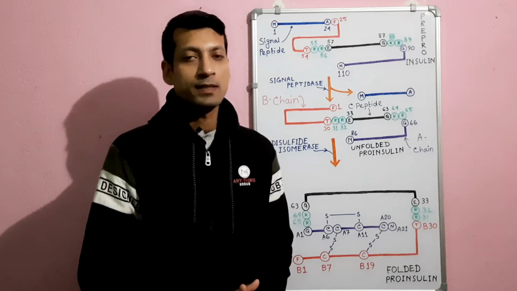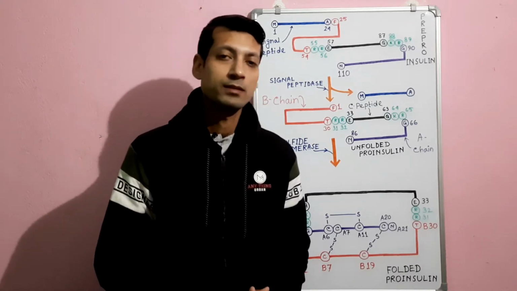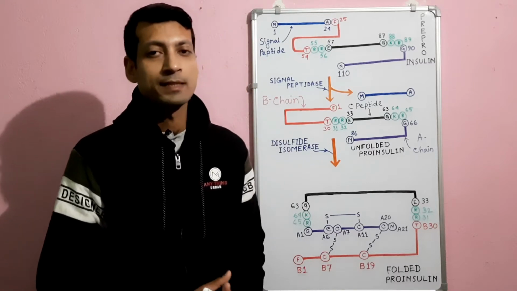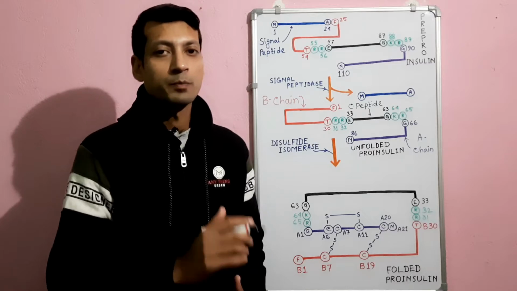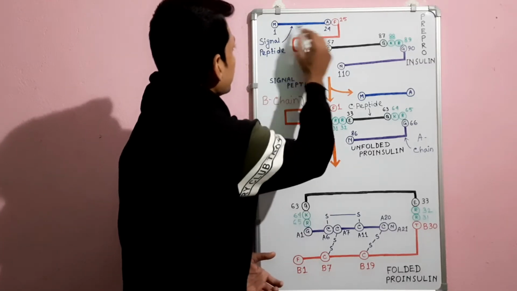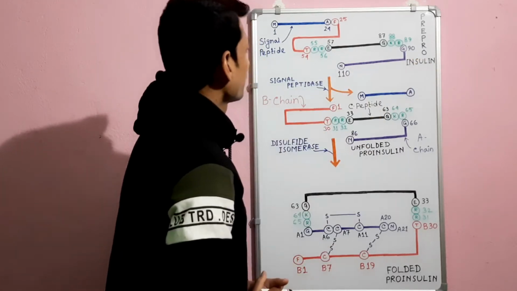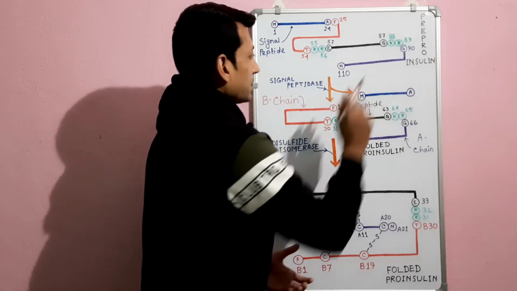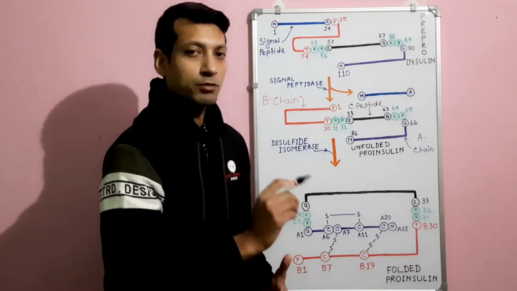Now, I will discuss the chemistry behind insulin hormone synthesis. First, we will see how proinsulin is formed from preproinsulin. This is the chemical structure of preproinsulin. Preproinsulin is the first translation product of the insulin gene.